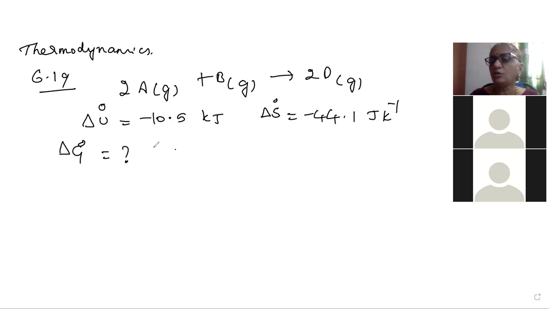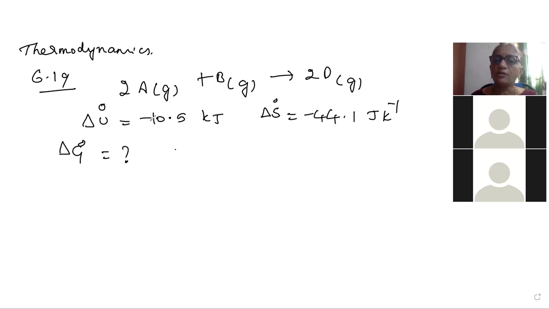What is the criterion for spontaneity? Yes, the change in free energy, delta G naught, should be negative for the reaction to be spontaneous.